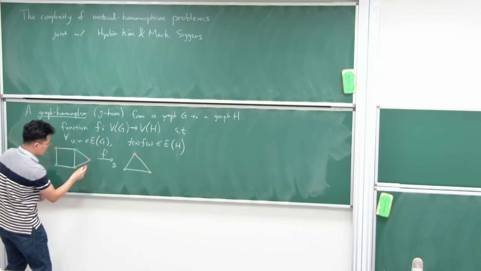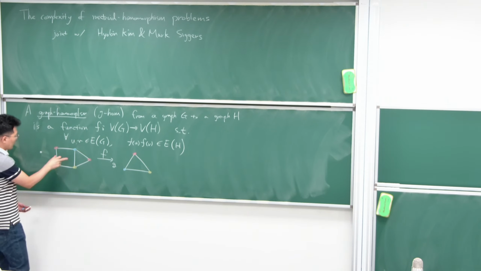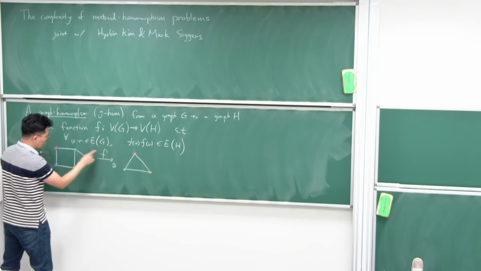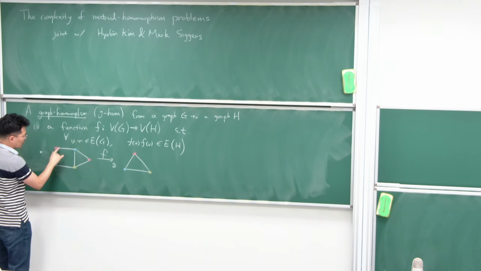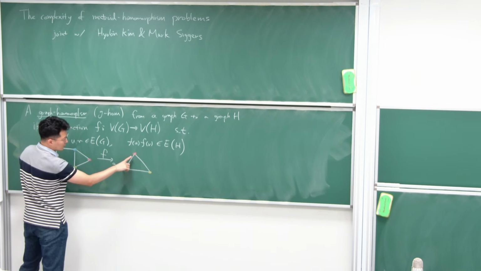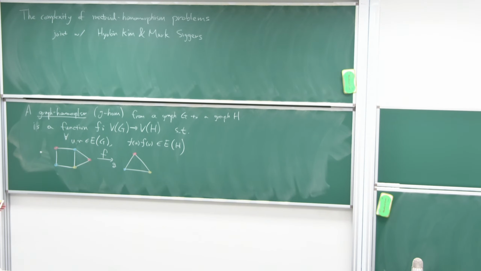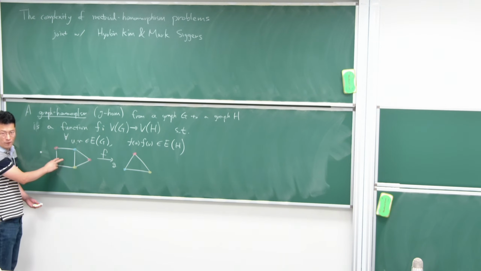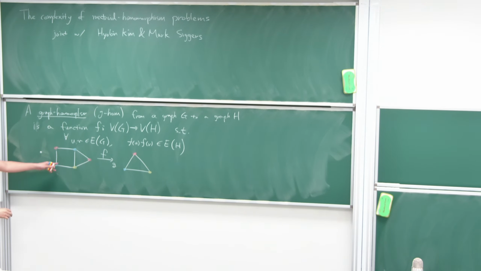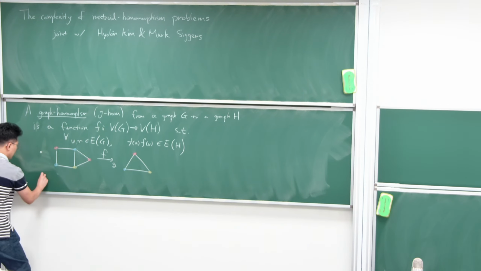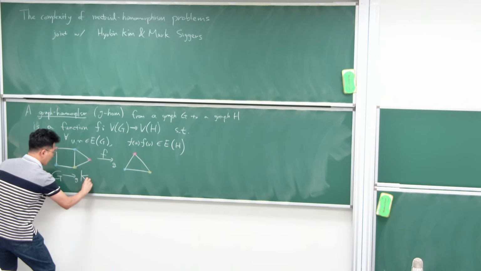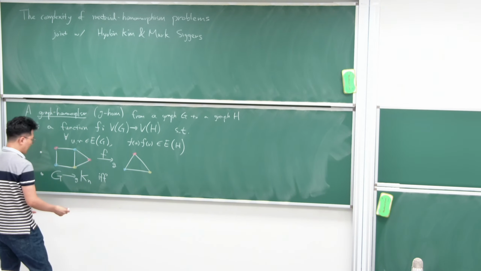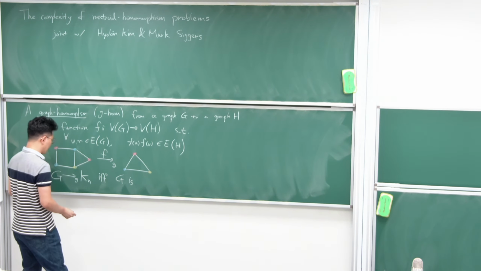This function is a graph homomorphism because for this edge, with u here and v here, f(u) and f(v) form an edge of H. As you can notice, this graph homomorphism gives a three-coloring of G. So in general, if there is a graph homomorphism from G to Kn, this implies that G has a proper n-coloring.